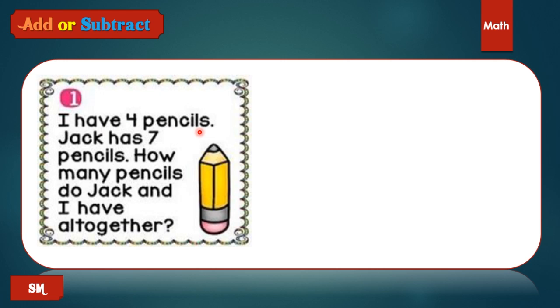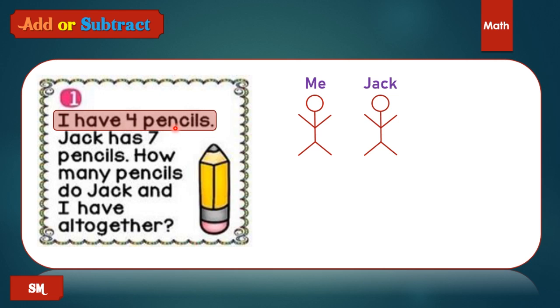So now I have 4 pencils. Jack has 7 pencils. So there's me and Jack. Okay, I'll draw me. This is me and this is Jack. I have 4 pencils.